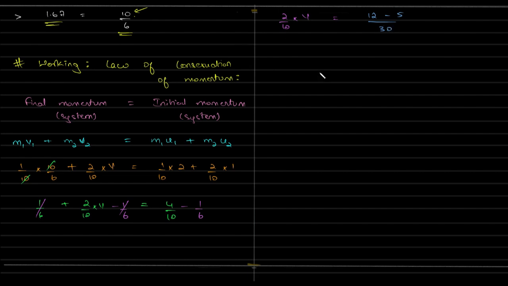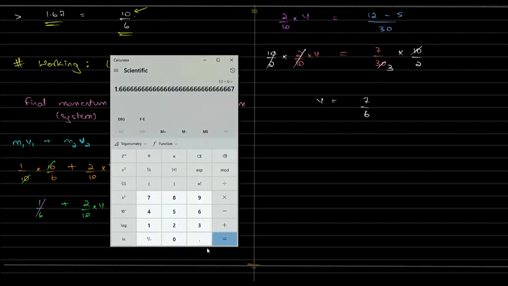And now this would be 2 by 10 V is equal to 7 by 30. For further calculation, I need to multiply with 10 by 2. Cancel, cancel. So V is equal to 7 by 6, which we need to calculate: 1.167.